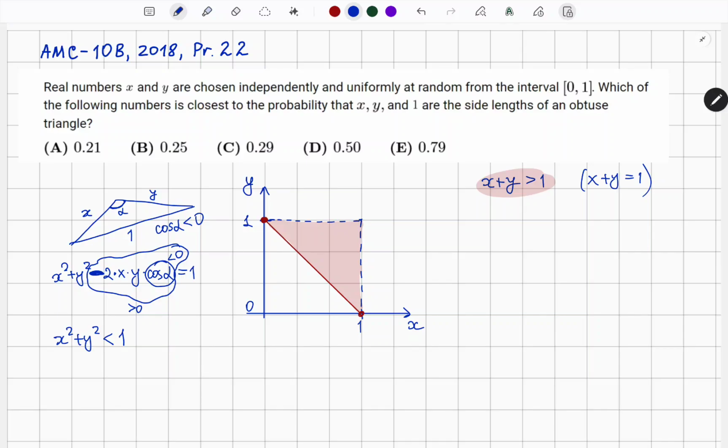I have to put this condition in the xy plane as well. And I recognize a circle centered at the origin with the radius of 1. Let me use green color. This is the origin. Radius of 1 means I have to put my point with coordinates x and y inside the circle. So it must be here. There are two conditions.